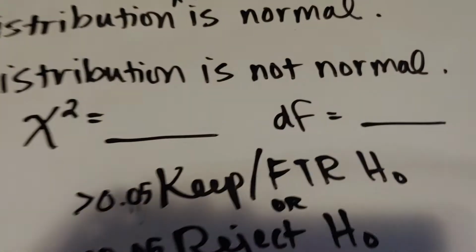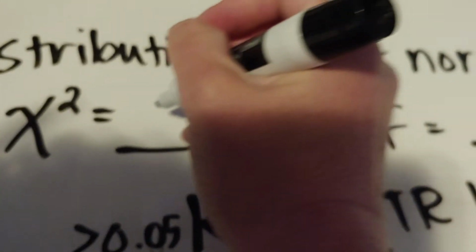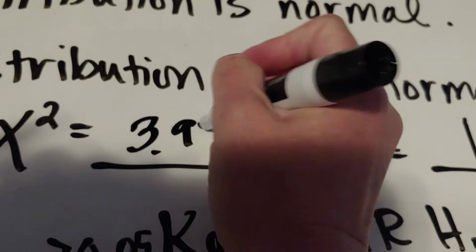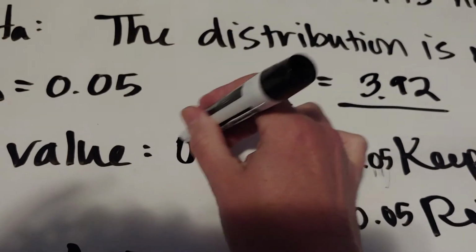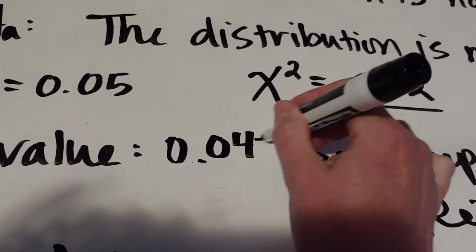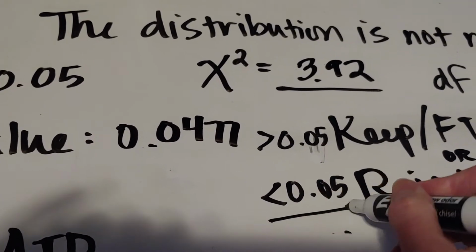All right, let's copy that down. So the df was 1, the chi-squared was 3.92, sorry about the shadows, and the p-value was 0.0477.